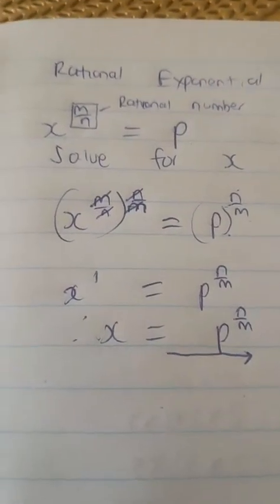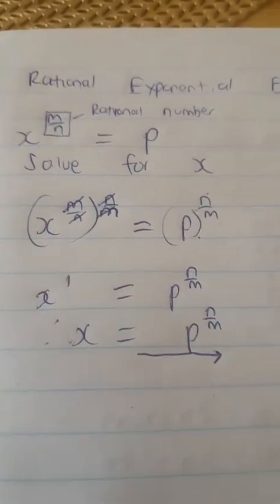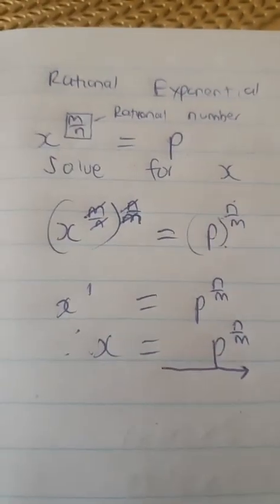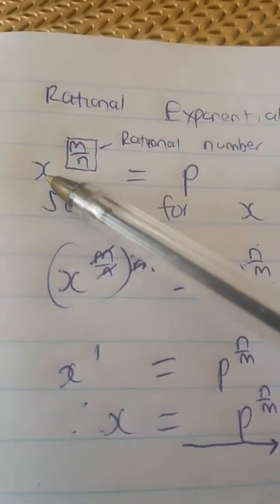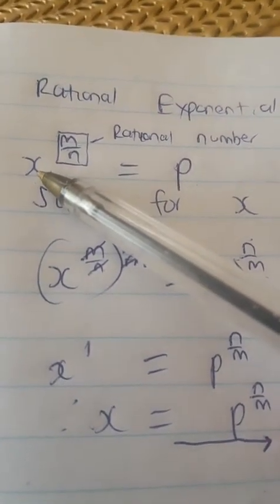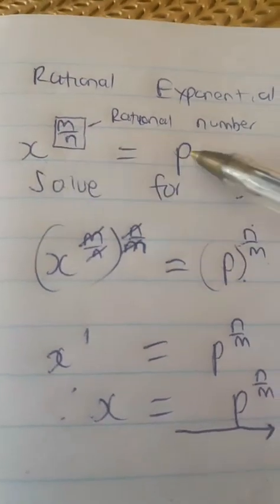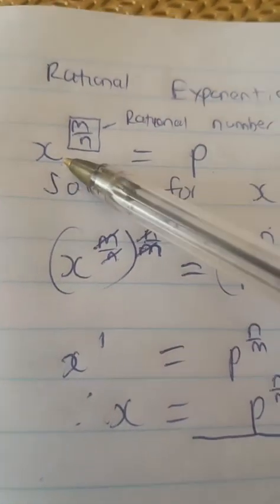All right. Okay. So hopefully we can see this. I just want to run through it one more time. So what I said is we have, it's grade 11, rational exponents, rational equations: x to the power m over n is equal to p. How do we solve for x?